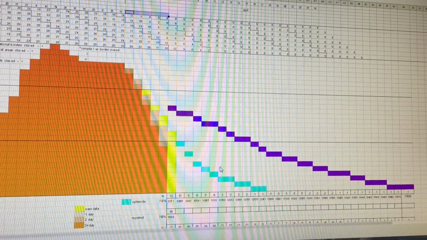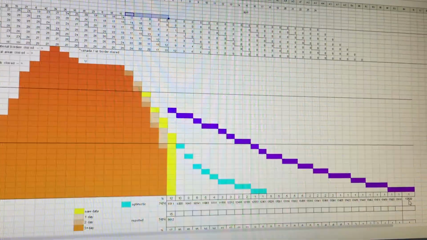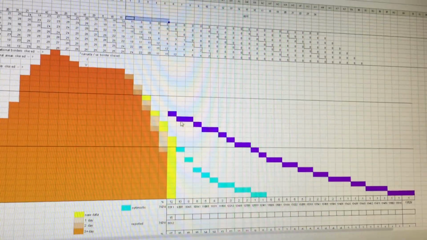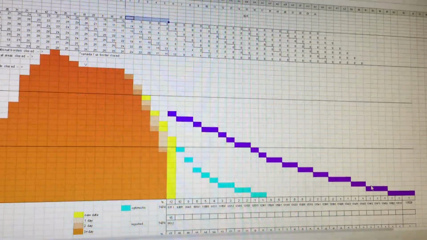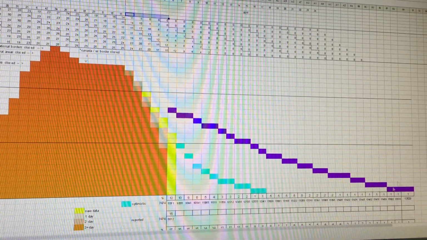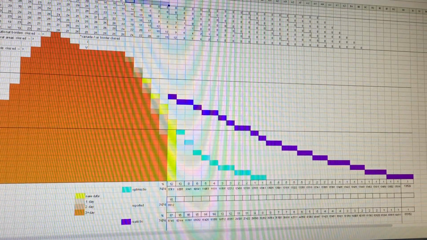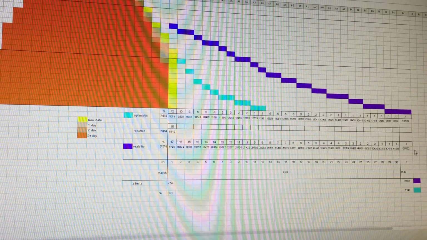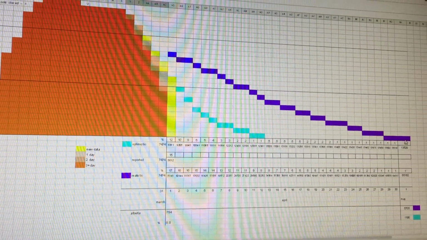The blue, super optimistic, puts you May 1st at a number of 13.5 for all of Canada. The purple, which looks a little more realistic maybe, puts you at a total number, get down here, 65,100 by May 1st.